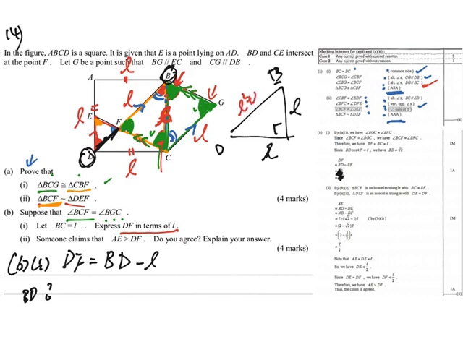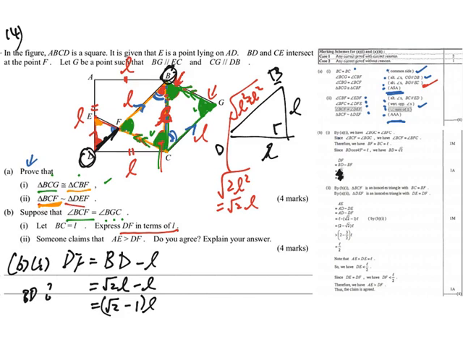So square root of L squared plus L squared, so it is square root of 2L squared. So that means square root 2 L. So DF is equal to square root 2 L minus L. So we take out the L, like this. So DF in terms of L.